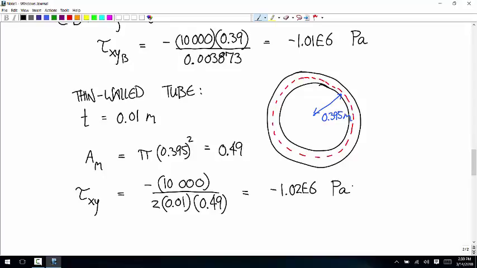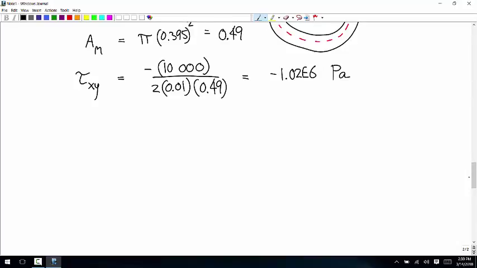Okay, now we've done all these. I want to do one more example problem, but let's go back and just refresh our memories about the limitations of all of these different stresses. Here's a review of stresses in beams.